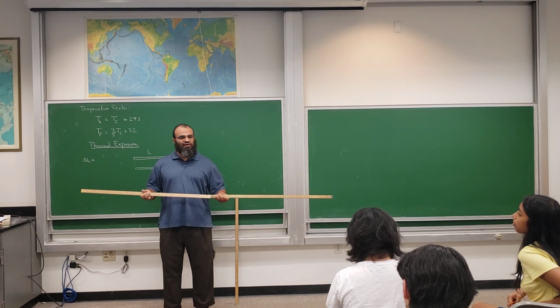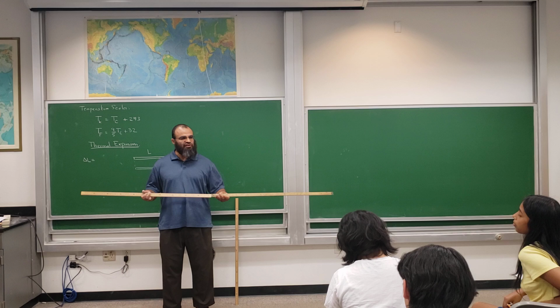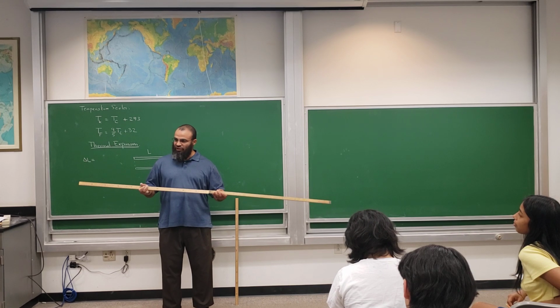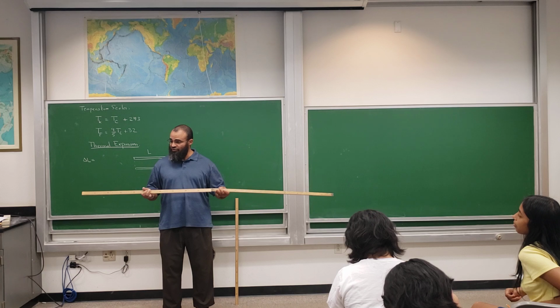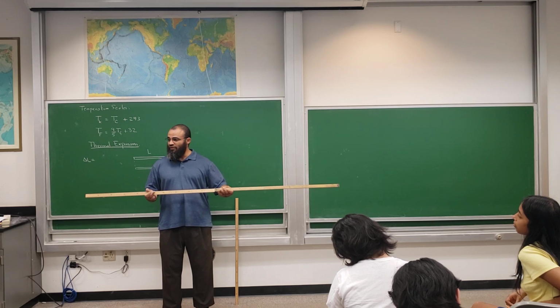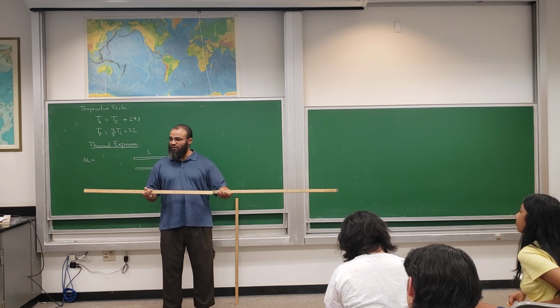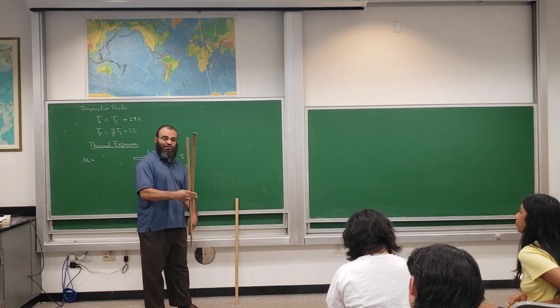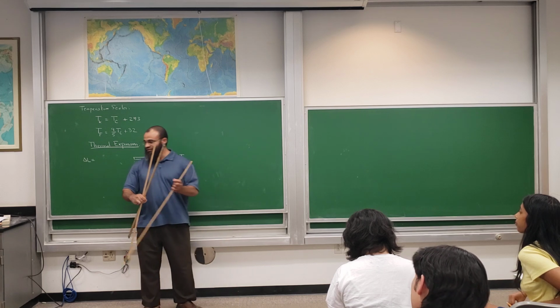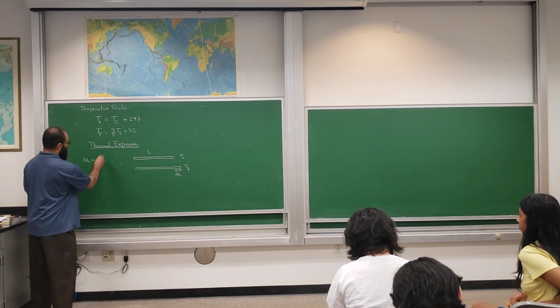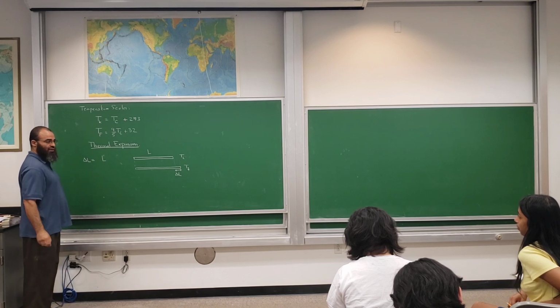By how much would their length increase, assuming the change in temperature is the same as before? Yeah, each of them will increase by 1 centimeter, so overall 2 centimeters. So the increase in length is proportional to the original length. So the longer the original length is, the longer the expansion will be. So if I have 3 meter sticks, it would be by 3 centimeters in that case. So it's proportional to the original length, whatever it was.